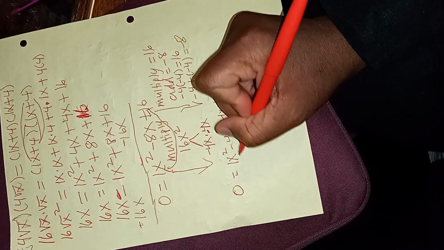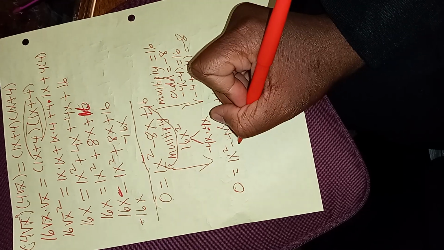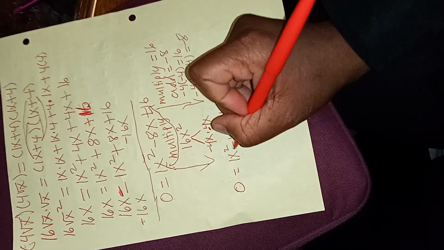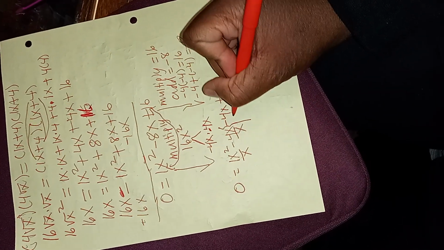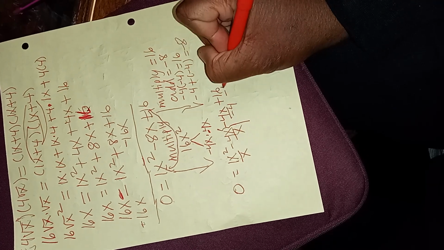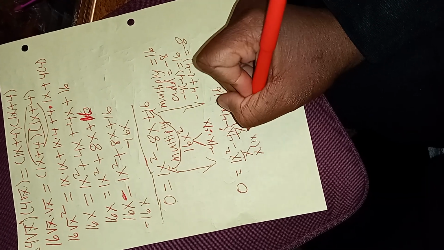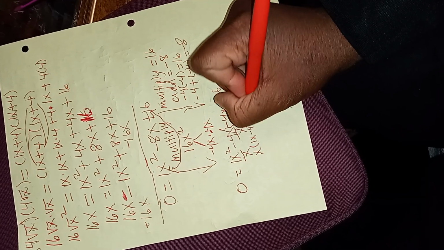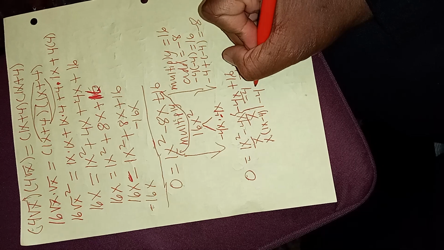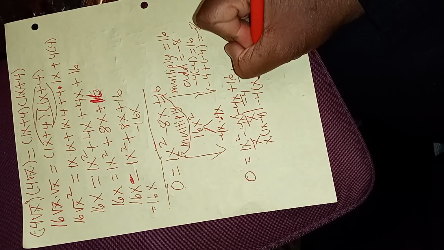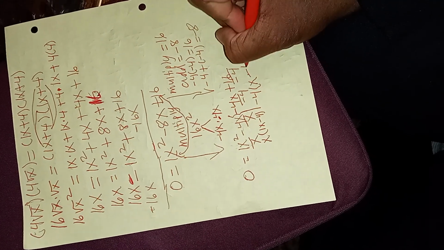On the left-hand side of this factoring by grouping situation, they both have an x in common, so we will pull out an x. And on this side, we have to pull out a negative 4. So x times 1x minus 4, and then we pull a negative 4 out here, and we'll be left with x, and 16 divided by negative 4 will give us minus 4.